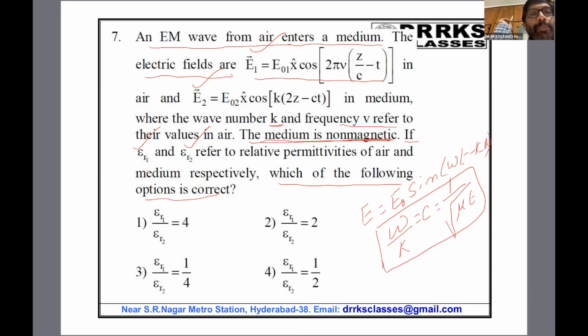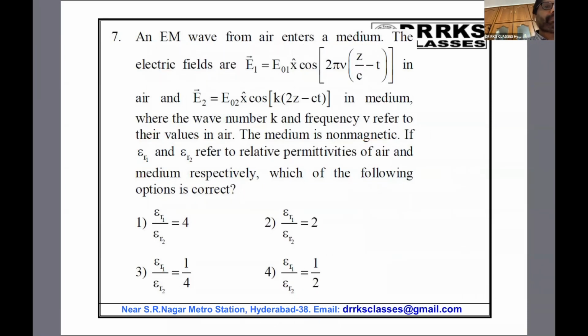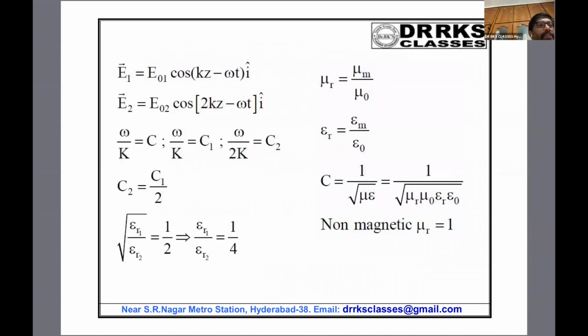Omega by k is the velocity of light, which is equal to 1 by root of mu epsilon, where mu is permeability and epsilon is permittivity. So from this knowledge, let us try to solve this one. Omega by k is c1, omega by 2k is c2. From that, we'll get the ratio of velocities in the two media.